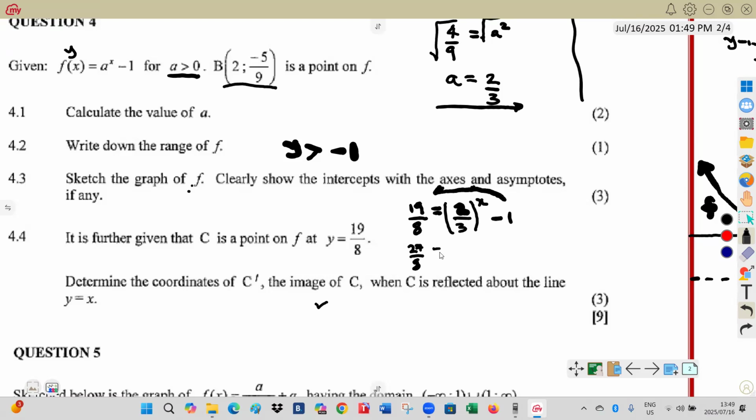This will be equal to 2 over 3 to the power x.